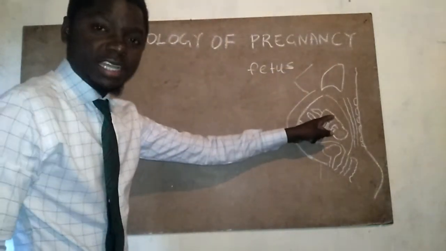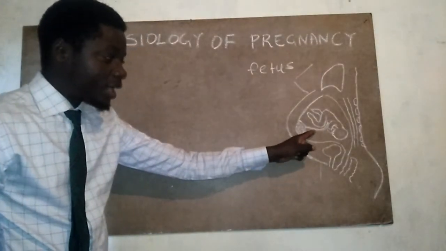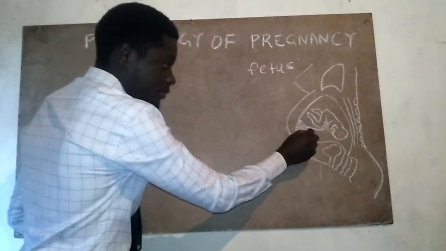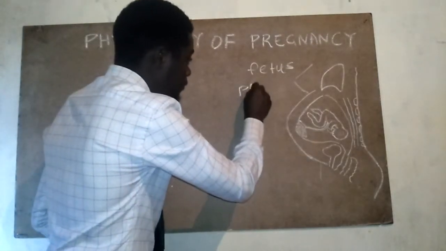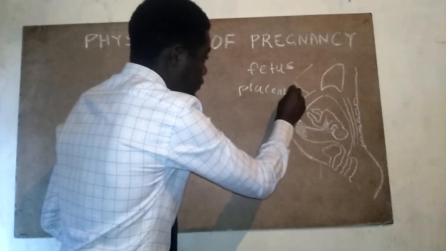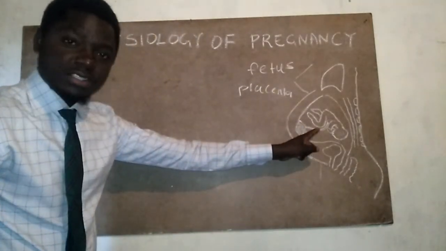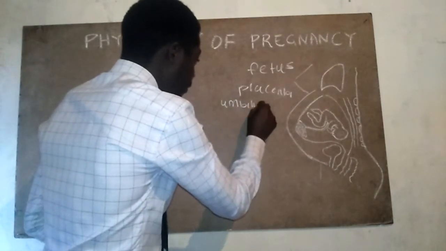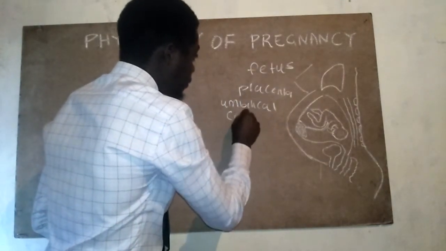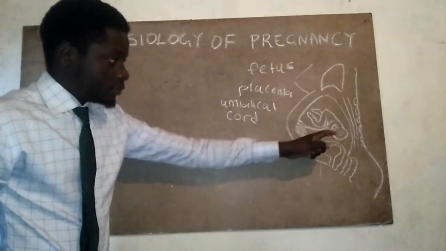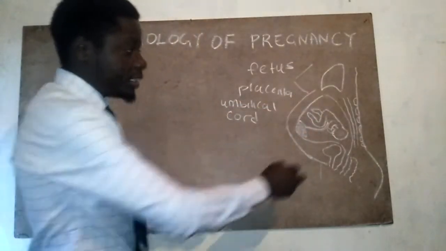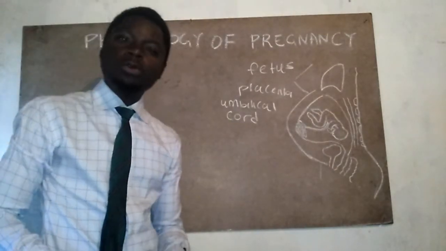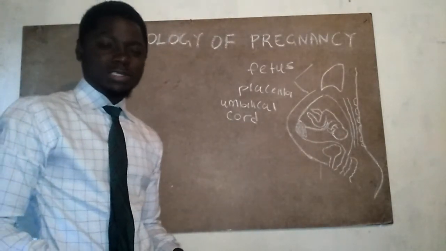Coming from the placenta, this bit here is the placenta, and this is the umbilical cord. This bit here is the uterus, the home for the developing fetus and of course the baby.